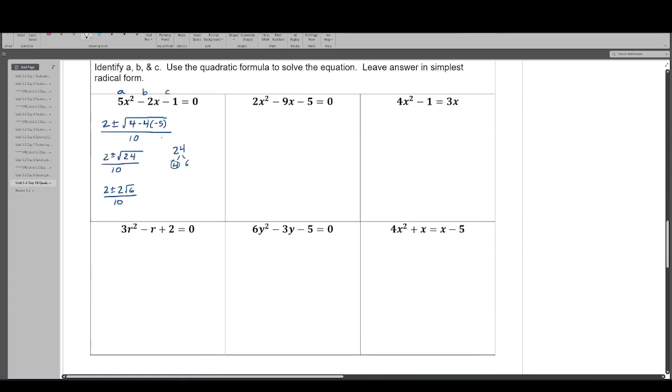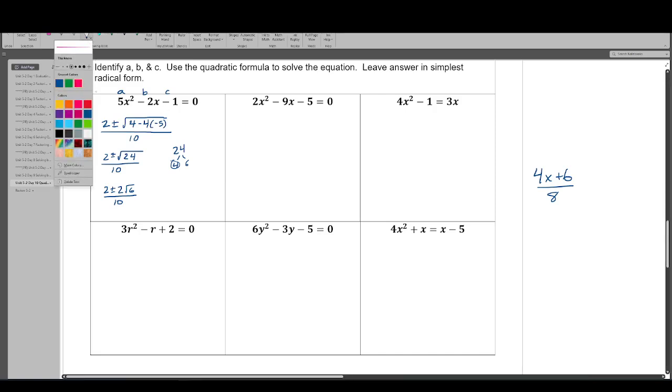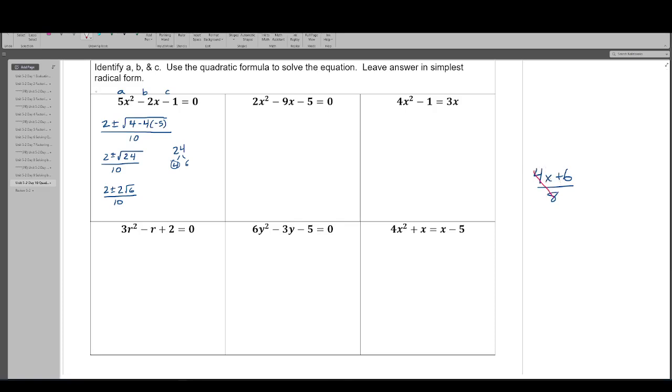So think about if I had 4x plus 6 divided by 8. The mistake that's very, very common, so you have to be careful because it's so common, is to simplify the 4 and the 8 and make this 1 over 2.